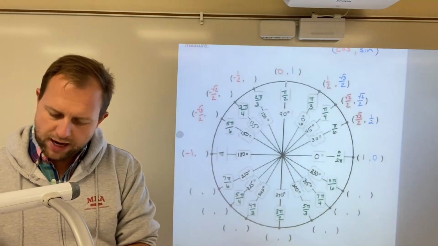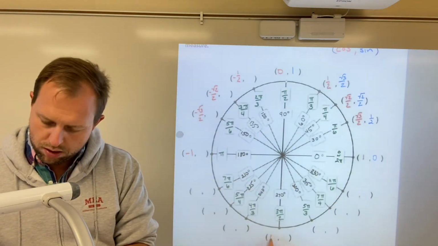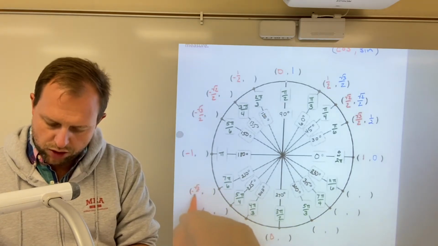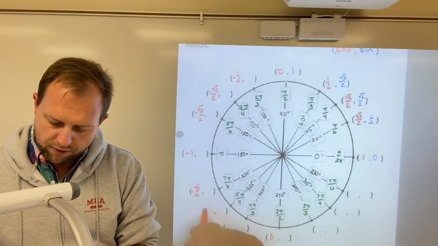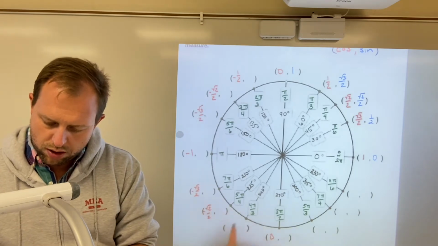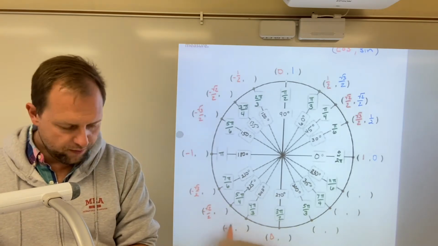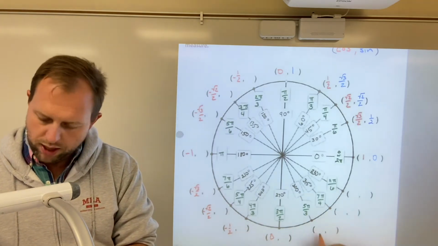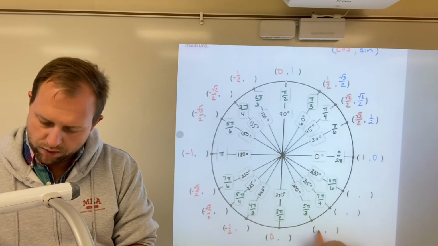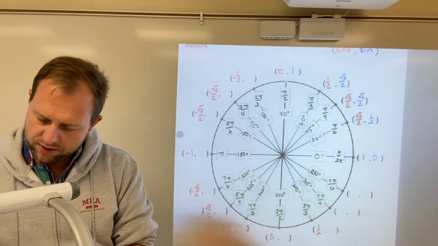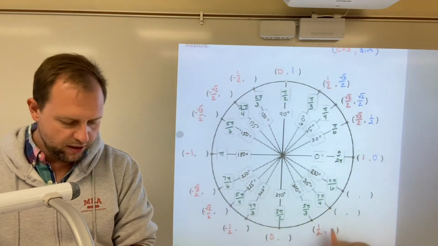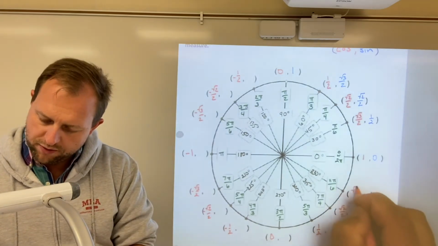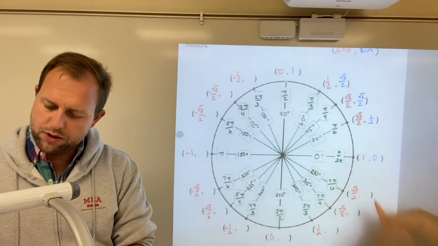Working our way back down to 0. Negative root 3 over 2. Negative root 2 over 2. Negative 1/2. Back to 0. And then we go around the other way. 1 positive, because we're on the positive x side. Positive root 2 over 2. Positive root 3 over 2, back up to 1.